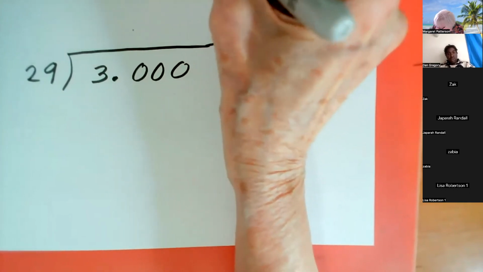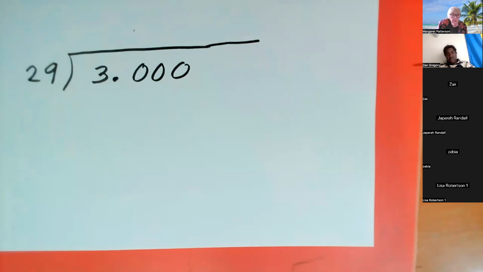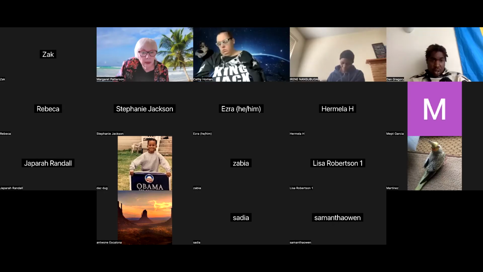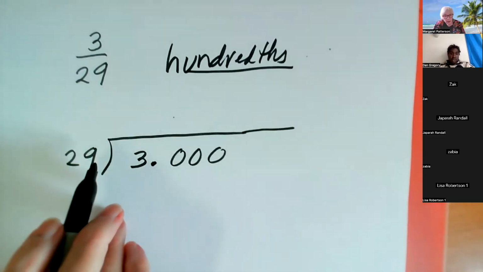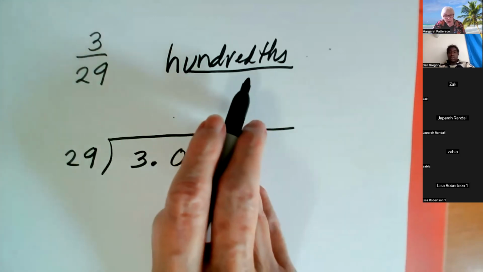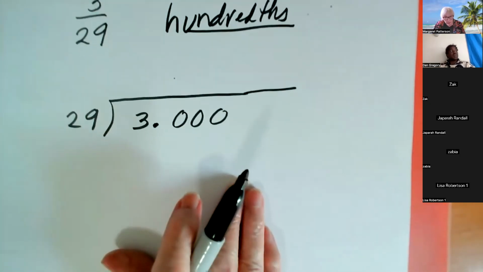Can everybody see this? So I'm going to go back to the paper. Okay, so they wanted this number as a decimal rounded to the nearest hundredth.